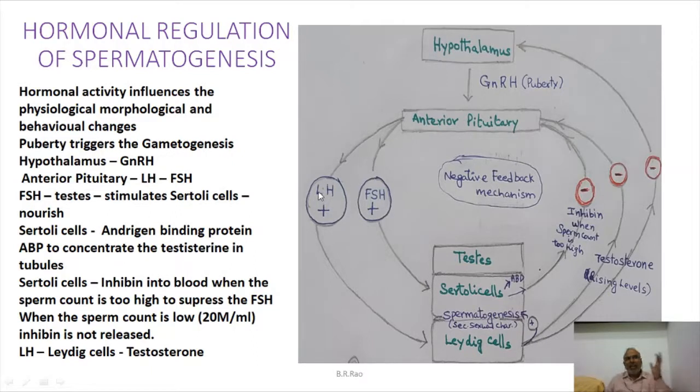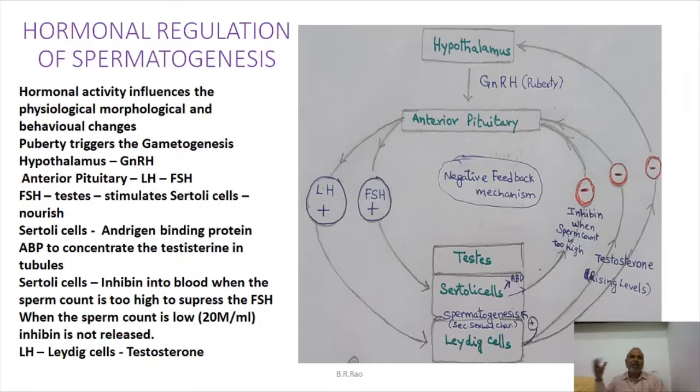So LH and FSH play a very, very important role in spermatogenesis. LH stimulates the Leydig cells, otherwise called interstitial cells of the testis, to produce the male androgen testosterone. FSH stimulates the adjacent cells of the germinal cells, called Sertoli cells or nurse cells. The nurse cells play three very important functions. One is they nourish the sperms. The second one, they secrete androgen binding protein, ABP.